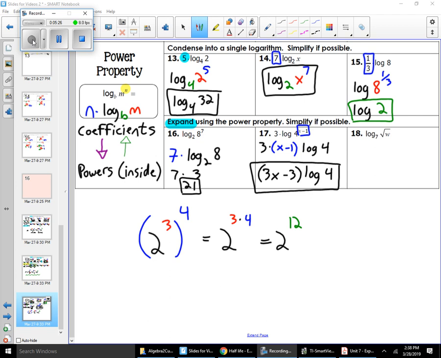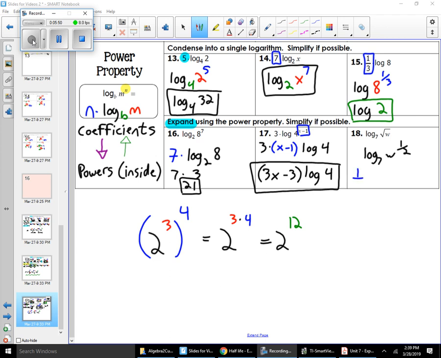Last but not least, number 18. I did show an example similar to this in a previous video. Keep in mind, this is a bit above the AB level, but that square root of w, we can rewrite that square root as w to the 1/2 power. Again, we don't play with those fractional exponents too much, but the same property does apply.